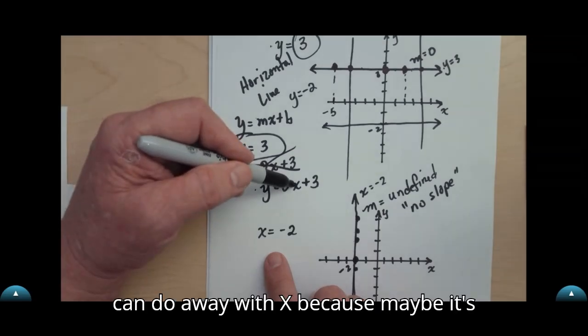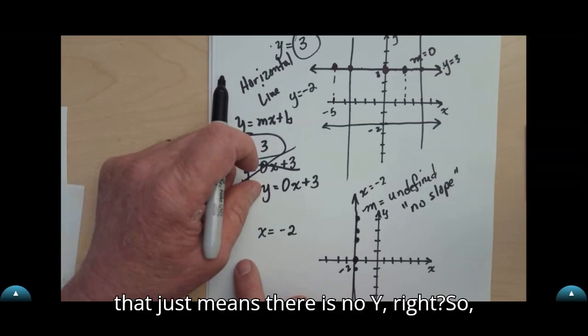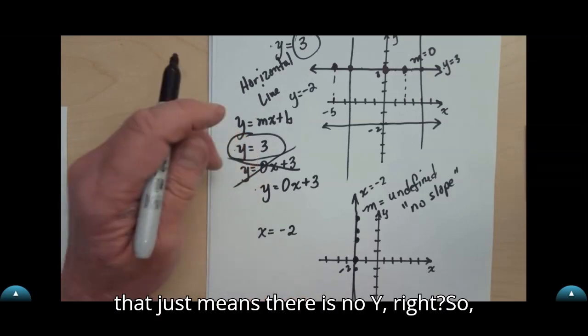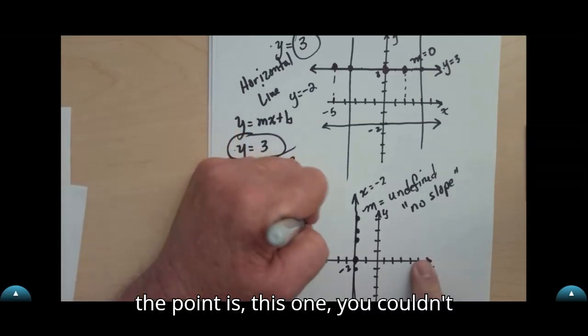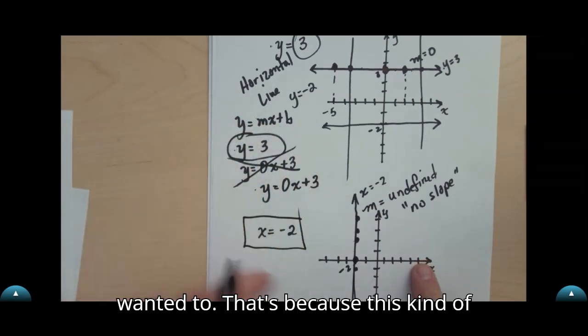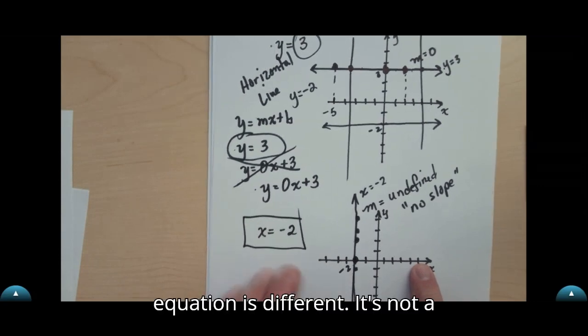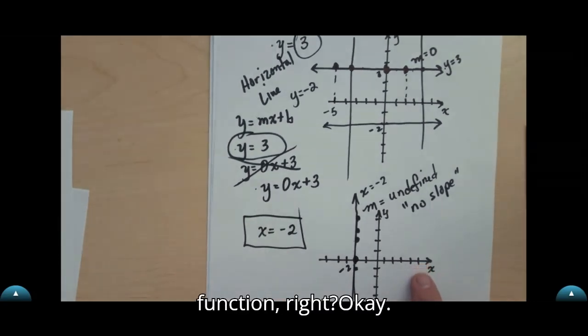You can do away with x because maybe it's 0 times x. But if it's 0 times y, that just means there is no y, right? So the point is, this one, you couldn't write it in slope-intercept form if you wanted to. That's because this kind of equation is different. It's not a function, right?